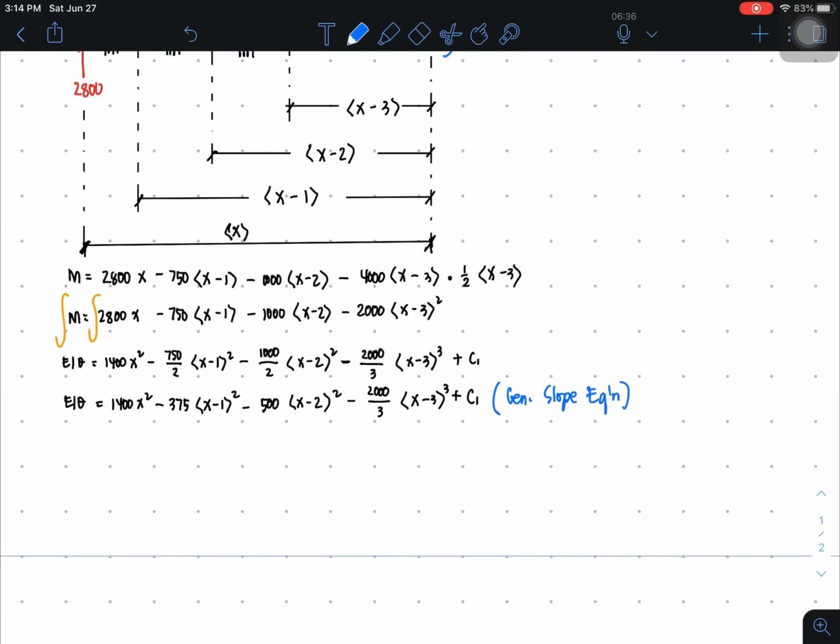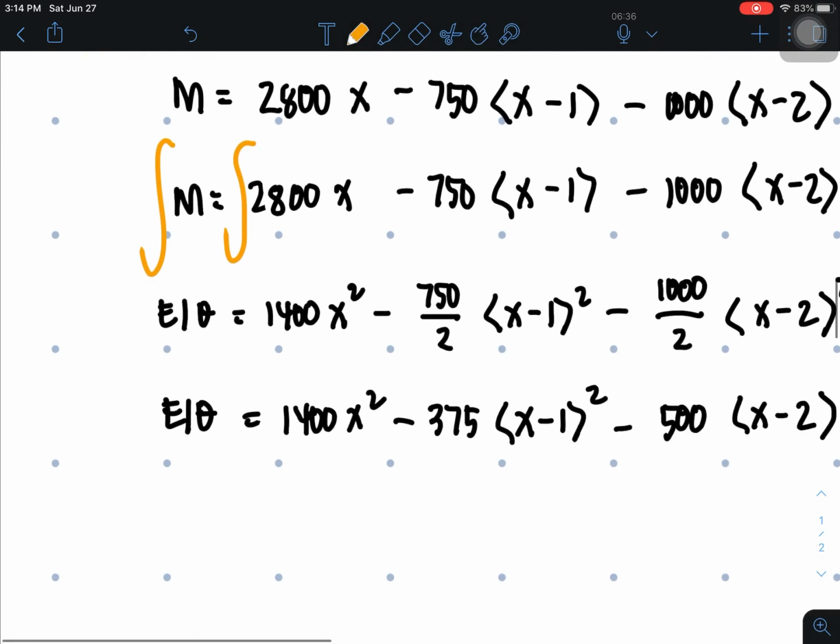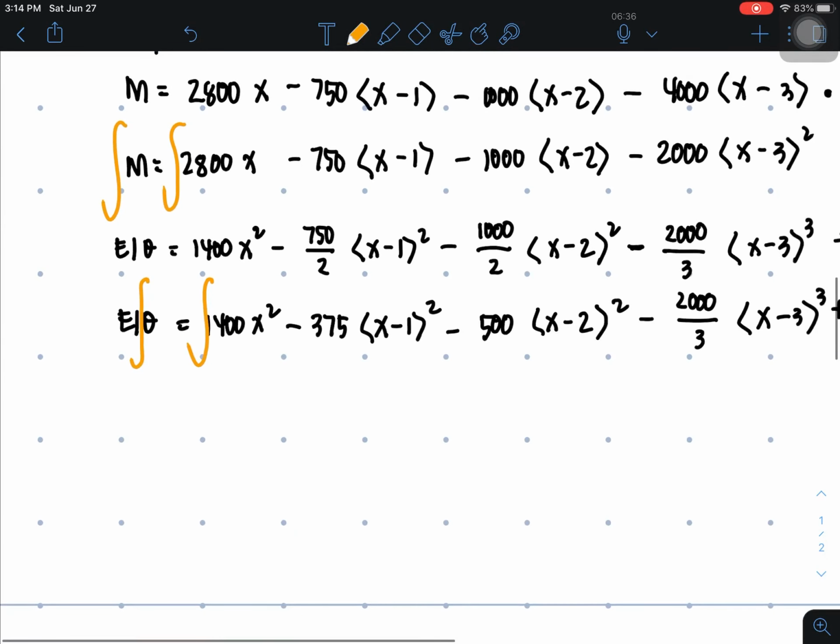Next, we are going to integrate further this function.